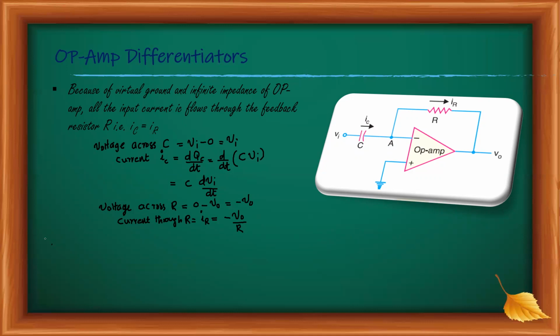And we know that as IC is equal to IR, we write C dVi divided by dt is equal to minus V0 divided by R, or V0 is equal to minus RC dVi divided by dt.